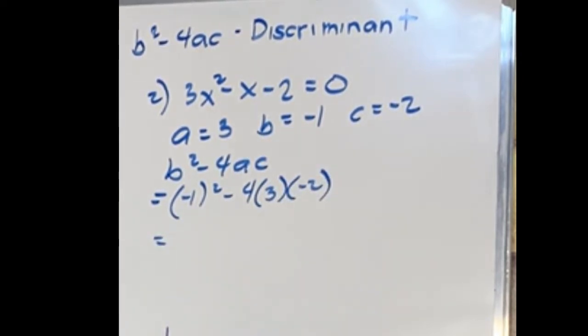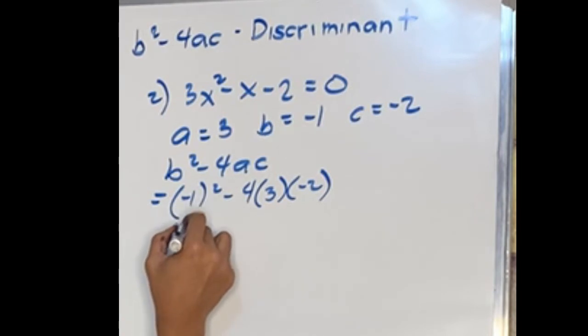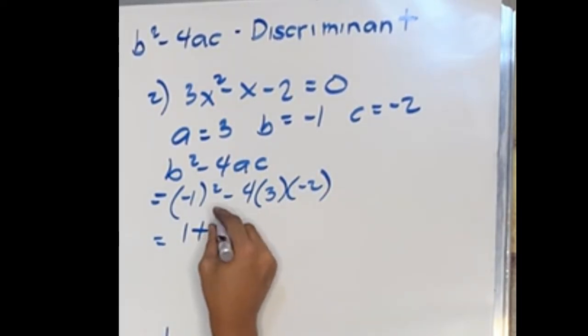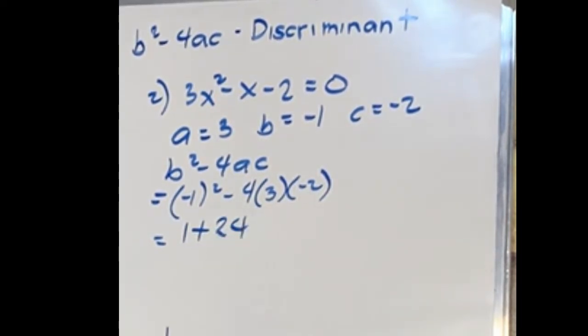Negative 1 squared is 1, plus negative 4 times 3 is negative 12 times negative 2, you will get positive 24. Simplifying, you will get 25.